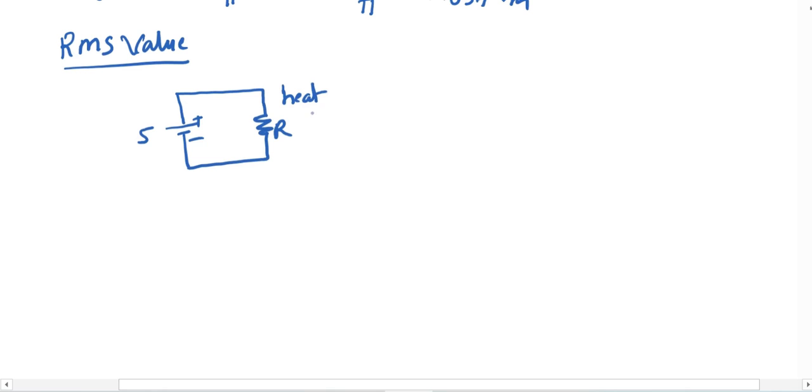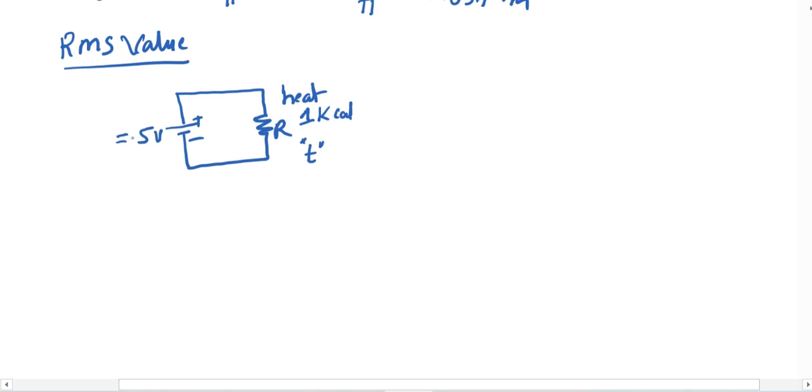I can say it is producing 1 kilocalorie of heat for some given time t, if I use the 5 volt DC supply, through this resistance.